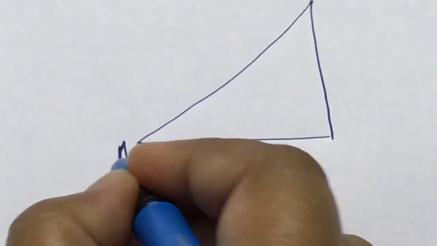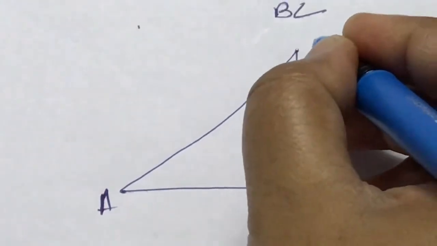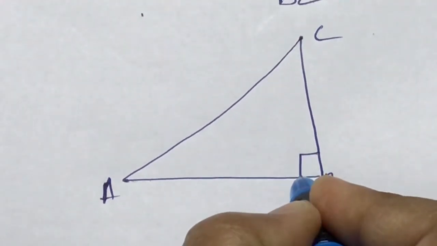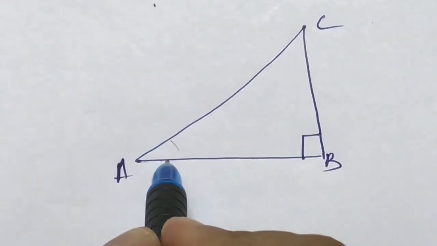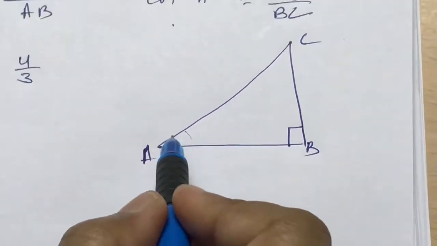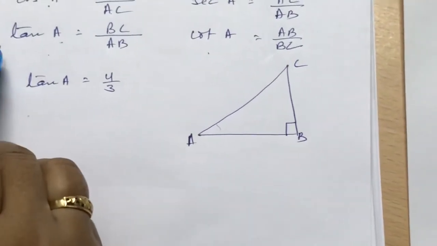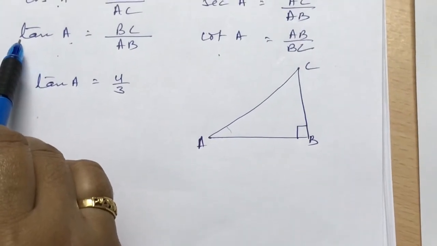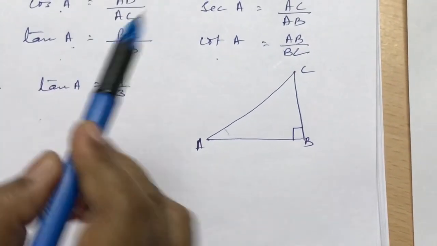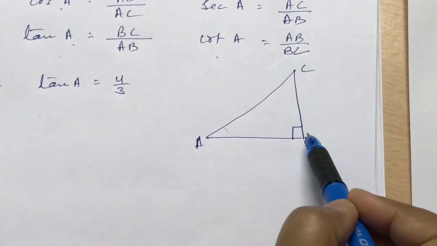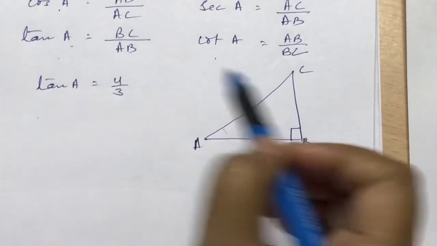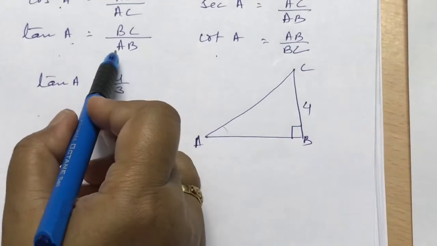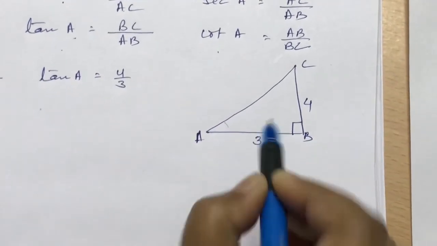Okay, this is A, this is B, this is C, it is right angled at B. So tan A is 4 by 3. What is tan A? BC by AB. That means it is given BC is 4 and AB is 3.